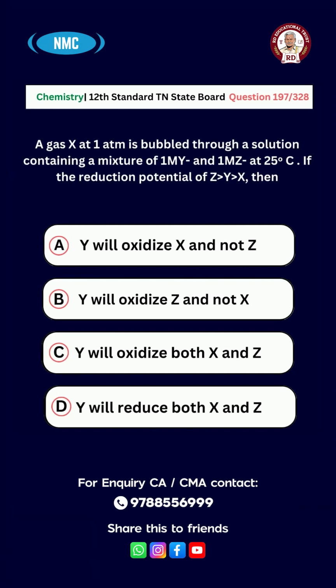If the reduction potential of Z is greater than Y, which is greater than X, then: Option A, Y will oxidize X and not Z. Option B, Y will oxidize Z and not X. Option C, Y will oxidize both X and Z. Option D, Y will reduce both X and Z. The correct option is option A, Y will oxidize X and not Z.